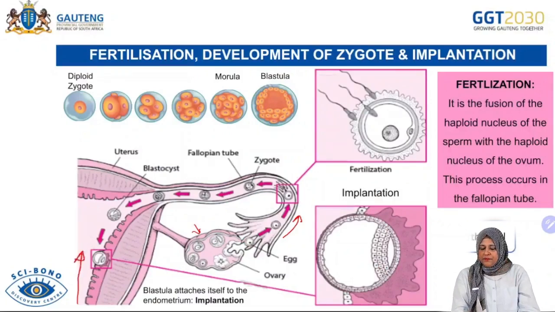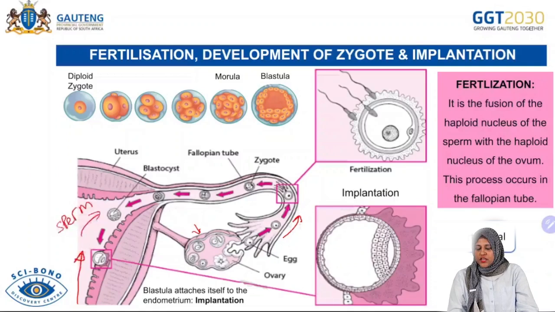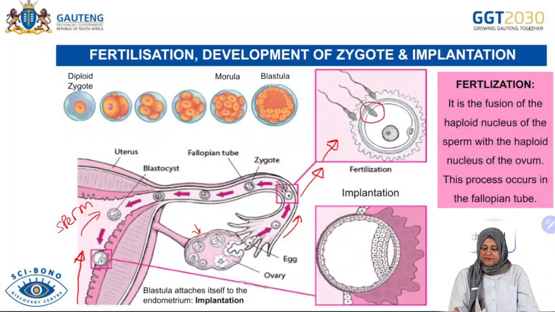The acrosome of one sperm will dissolve the membrane, that sperm will enter this ovum, and fertilization is the fusion of a haploid nucleus of the sperm with the haploid nucleus of the ovum. This process occurs here in the fallopian tube. So you can see here, this is enlarged in that diagram there.